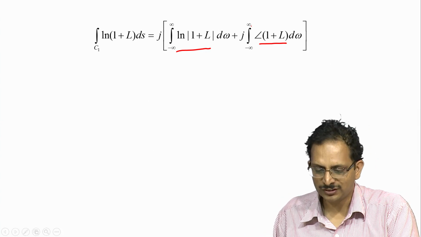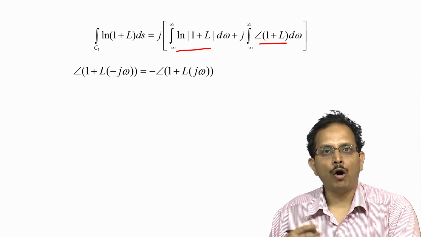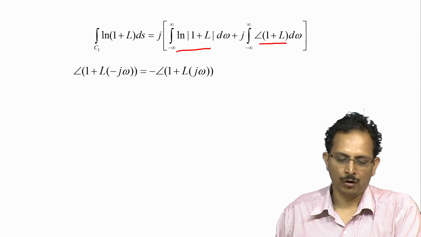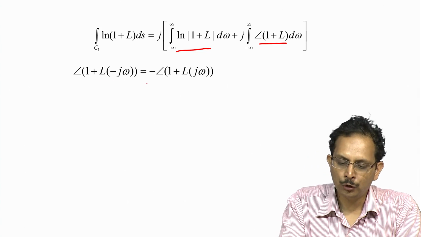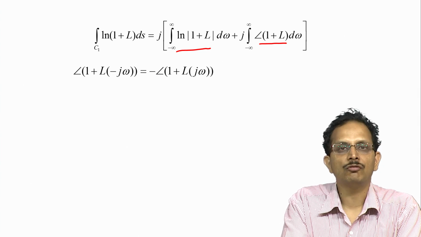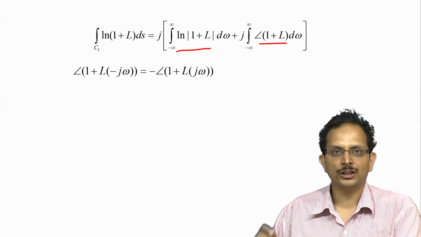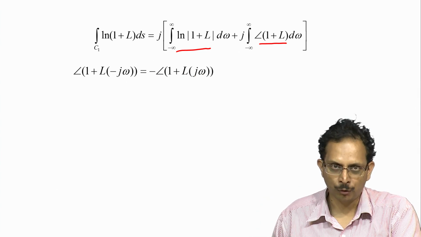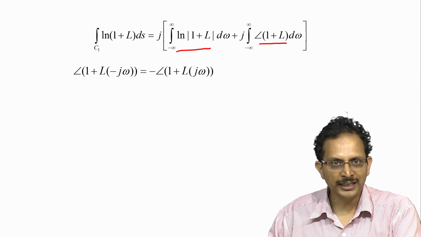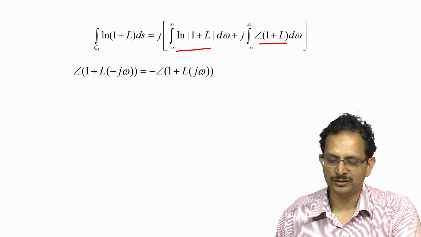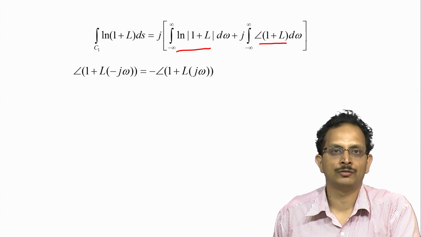Now, it so happens that the angle of 1 plus L is an odd function of omega, or in other words the angle of 1 plus L of minus j omega is going to be equal to the negative of the angle of 1 plus L of j omega. Now, since the limits of integration are minus infinity to infinity, we are allowing omega to assume all values both along the negative imaginary axis as well as the positive imaginary axis, and we have the integrand to be a function that is an odd function of omega.